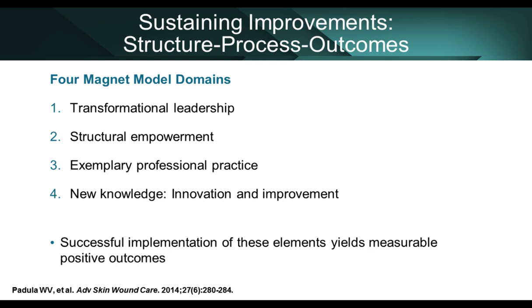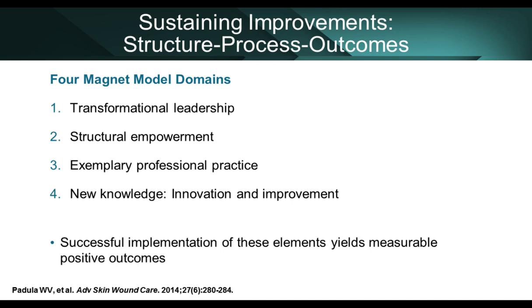You show improvement for month 1, month 2, month 3 you start to climb, month 4 you start to climb, and before you know it, by the end of the year, you're back to maybe just slightly better than when you started. So you need to think about how we can sustain outcomes. In order to do that, you've got to examine the structures and processes that drive the outcomes.